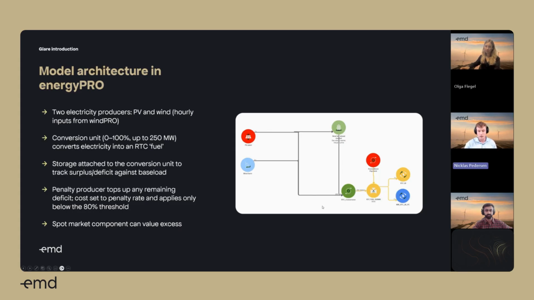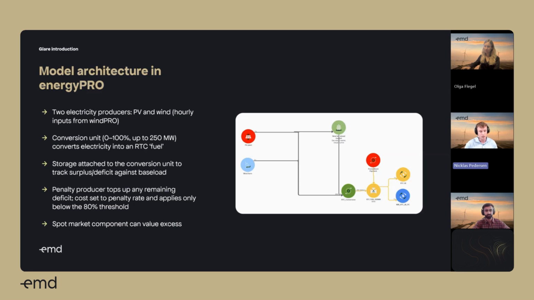I made an RTC conversion unit, and it can be a little bit counterintuitive, but you should see it as: what comes in comes out in the same megawatt perspective, meaning that if I have 250 megawatts in, 250 megawatts come out. It can go between 0 and 100%, meaning that it can deliver everything between 0 and 250 megawatts.